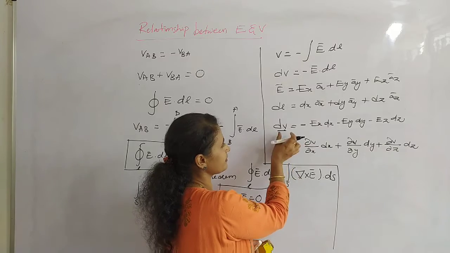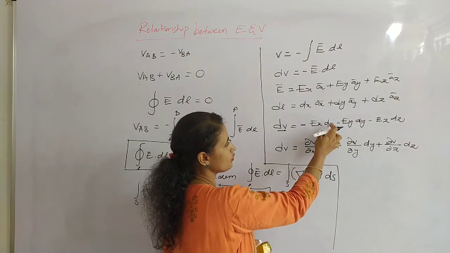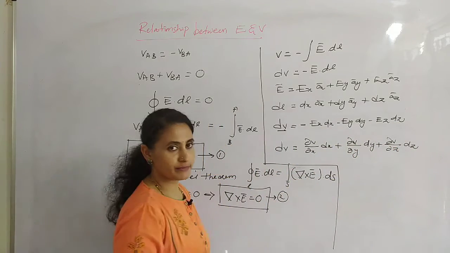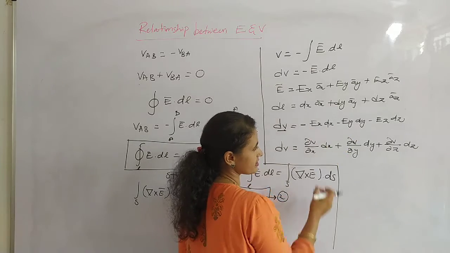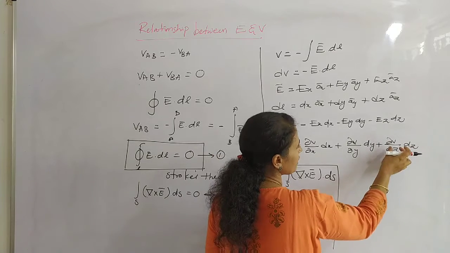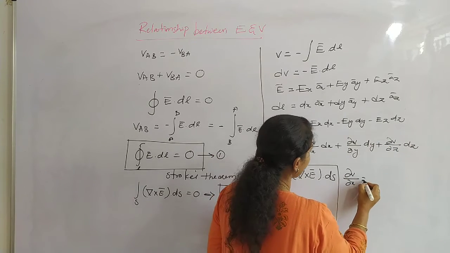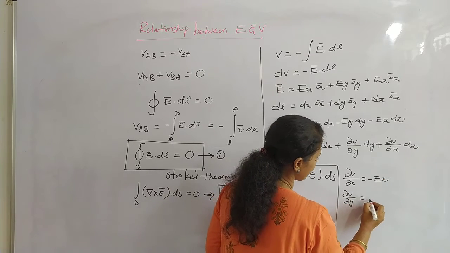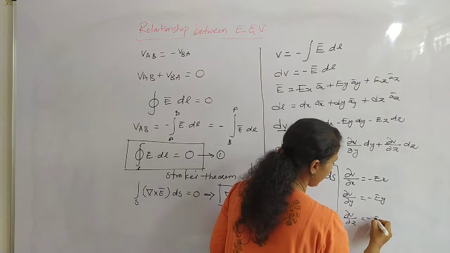If we compare these two expressions, the dx, dy and dz terms, we can write dou V by dou x as minus Ex, dou V by dou y as minus Ey, and dou V by dou z as minus Ez.